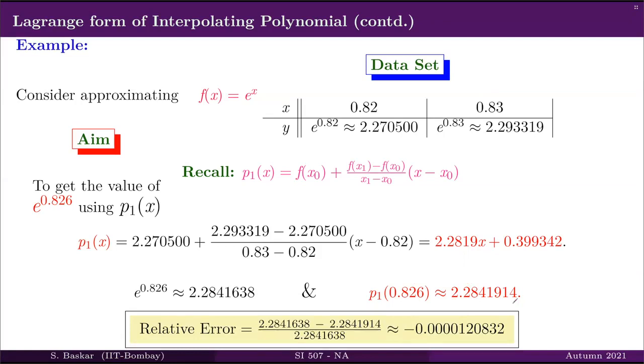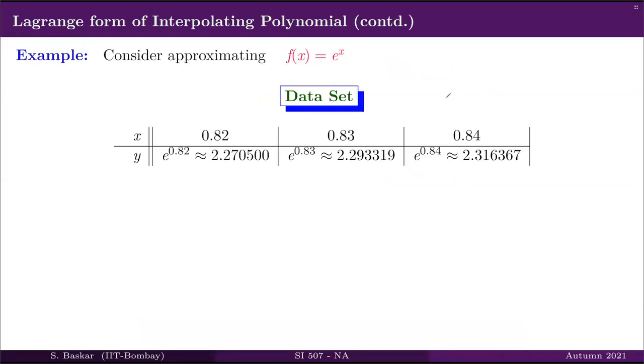And in fact, we will introduce one more point into our data set. So now we have x0, x1, and x2, and thereby we will get a quadratic polynomial as the interpolating polynomial for this data set, right?